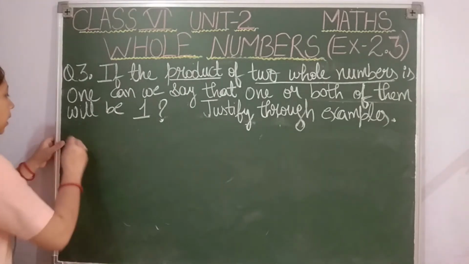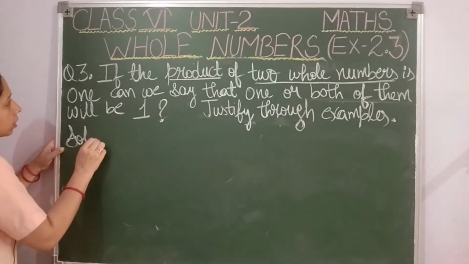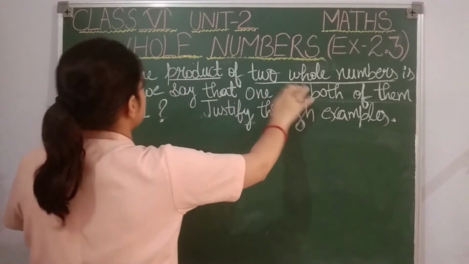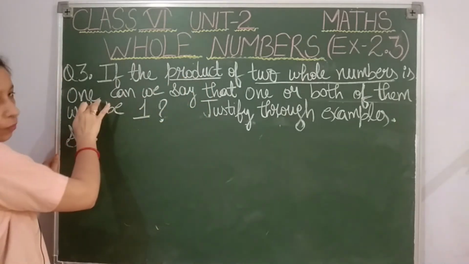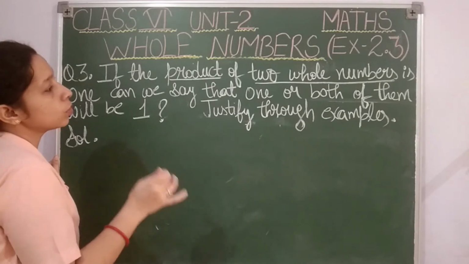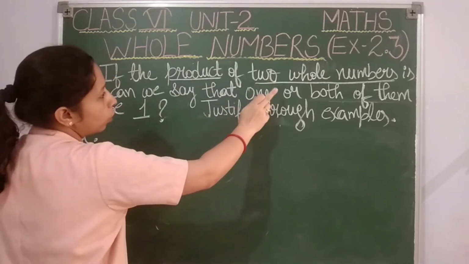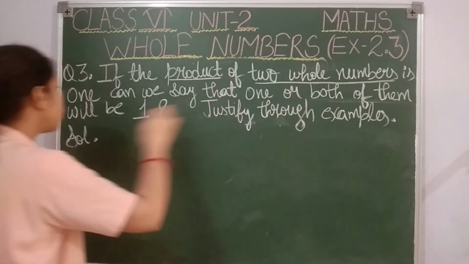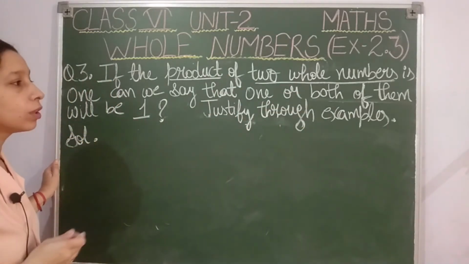Okay, let us see. Here what is it asking? It is asking, when you multiply two whole numbers, the product should be 1. And if such is the condition, then can you say that from those two whole numbers, one of the numbers will be 1 or both of them should be 1? We have to show this with examples.